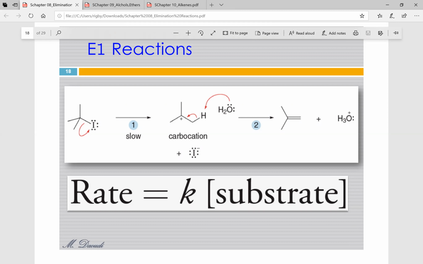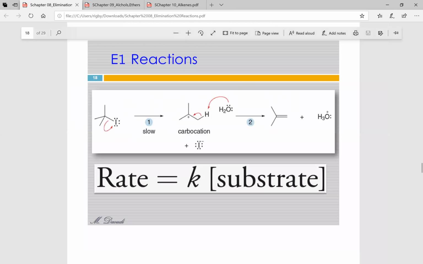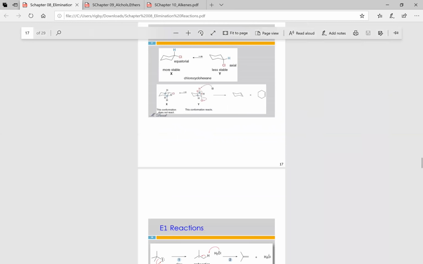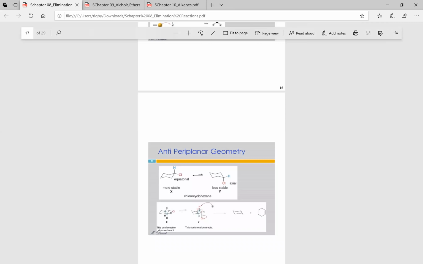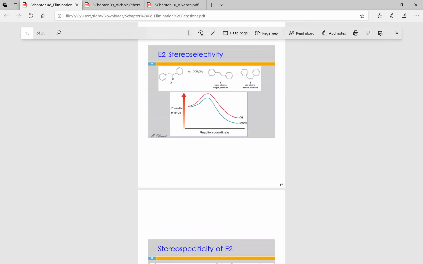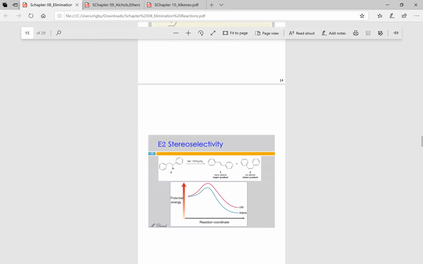So if E1 is going to occur faster, it's going to want to create that more stable carbocation. It's going to want a tertiary alkyl halide. So both E1 and E2 prefer tertiary alkyl halides over secondary over primary. Okay? And elimination reactions don't occur with methyl groups because they don't actually contain a beta carbon to make a double bond. So let's skip back to E2.